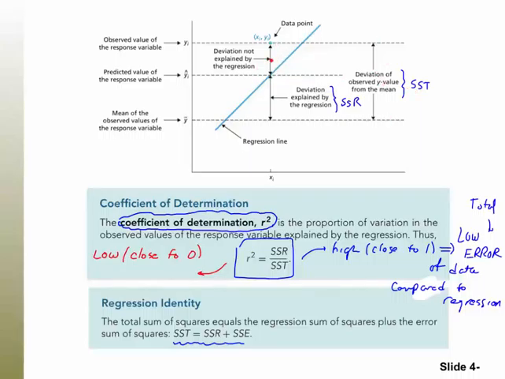Most of this deviation is due to error from the observed data point to the regression line, and therefore we have lots of total error, meaning the points are not all close to the same line. There's lots of deviation of the observed points from the regression line. So we have high total error.